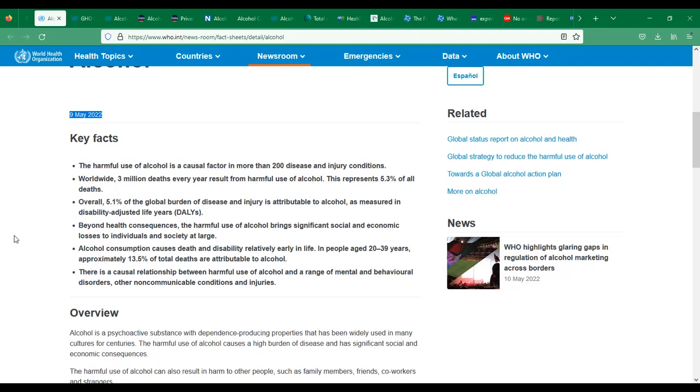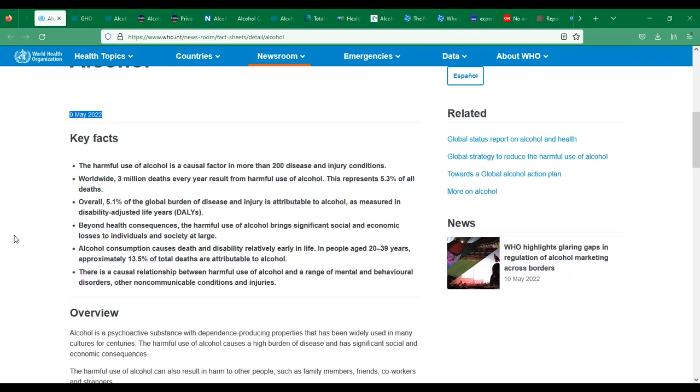Beyond health consequences, the harmful use of alcohol brings significant social and economic losses to individuals and society at large. So you cannot just limit the impact of alcohol to health conditions and health issues. Also look at the impact on society, the community, and families.